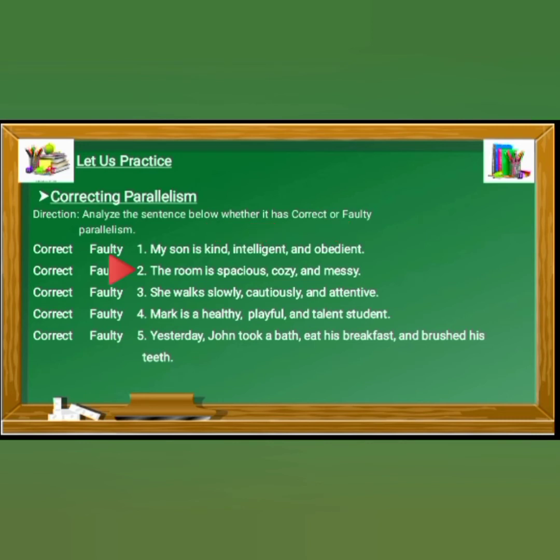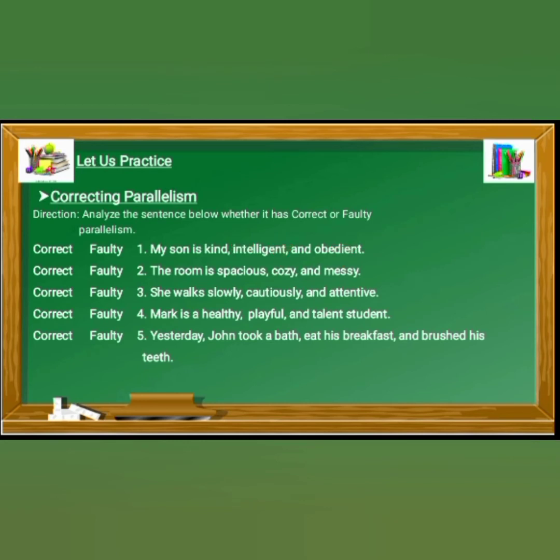Number 2. The room is spacious, cozy, and messy. Is it correct or faulty? Alright. It is still correct or parallel because the words spacious, cozy, and messy are all adjectives.